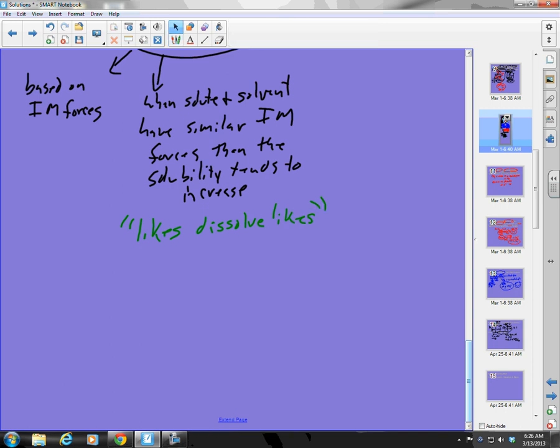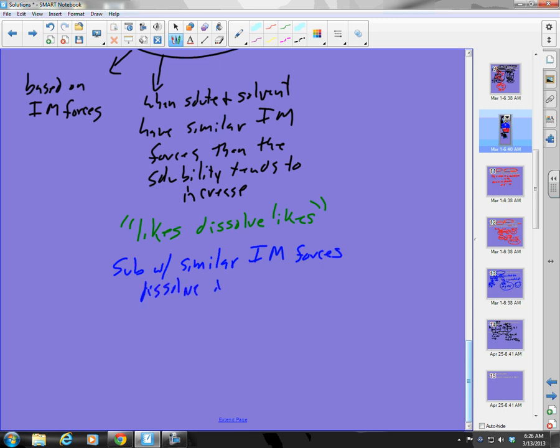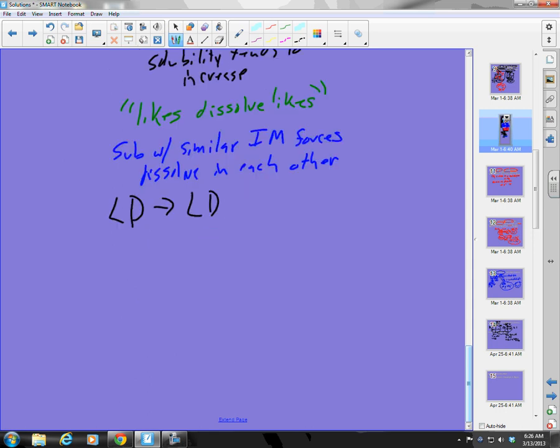And what does that mean? Substances with similar IM forces dissolve in each other. And maybe we should clarify this a little bit. When we say that, we really mean, hey, London forces will dissolve in things that have London forces.